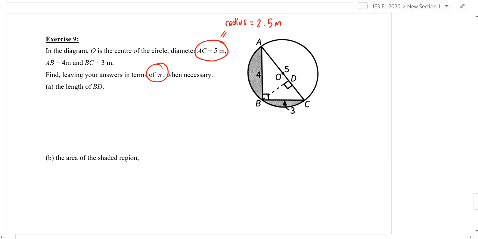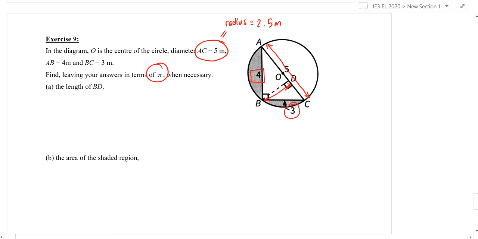So this is a similar question as our earlier triangle questions, where we are able to find the area of this triangle given that 3 is the base and 4 is the perpendicular height. So from then on, we set 5, which is the length of AC, to be the base, and BD will be our perpendicular height.